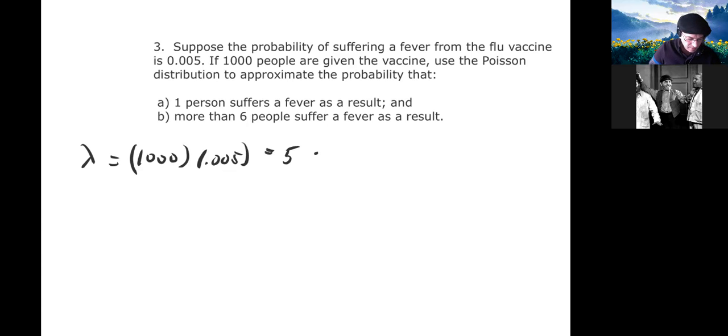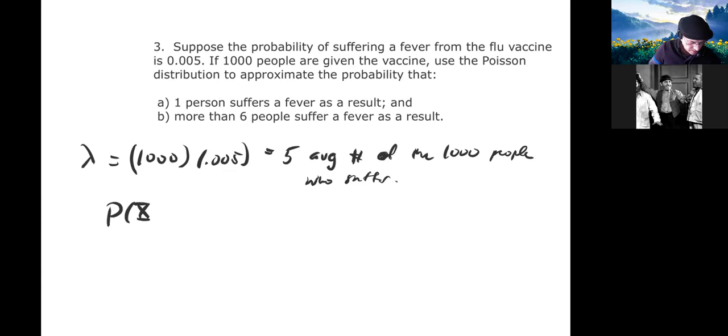And this is the average number of people, out of the 1,000 people, who are going to be suffering. Now we want to calculate the probability that x is a Poisson random variable with lambda equals 5, that x equals 1.